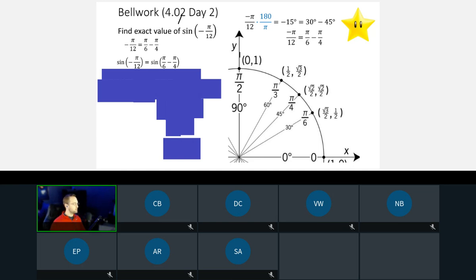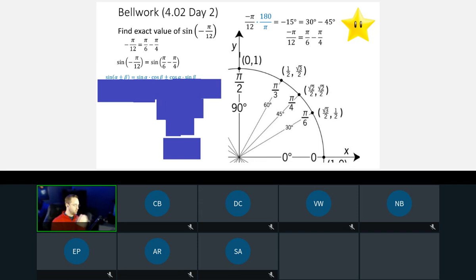All right, so next we are going to use this identity from your sheet, also from 4.02. And we're going to expand this sine of that stuff into, well, sine alpha times cosine beta plus cosine alpha times sine beta.